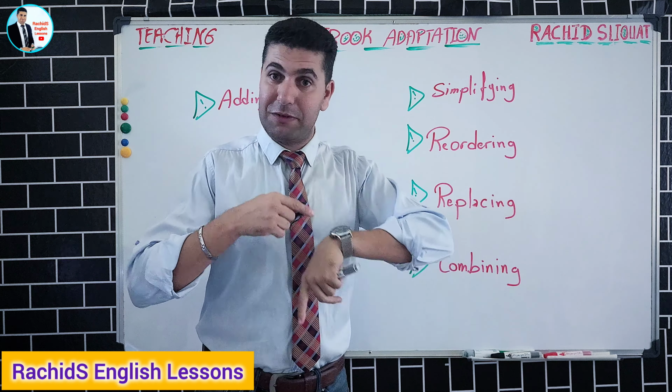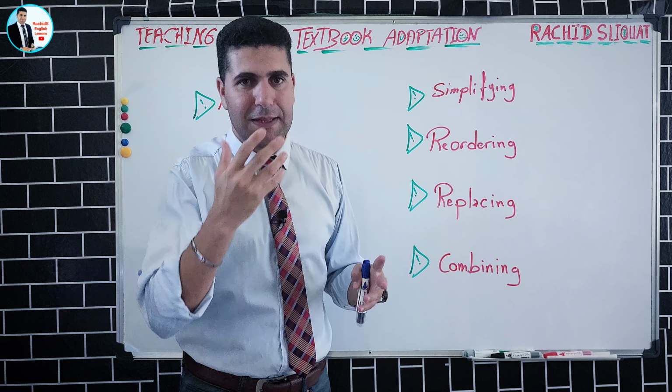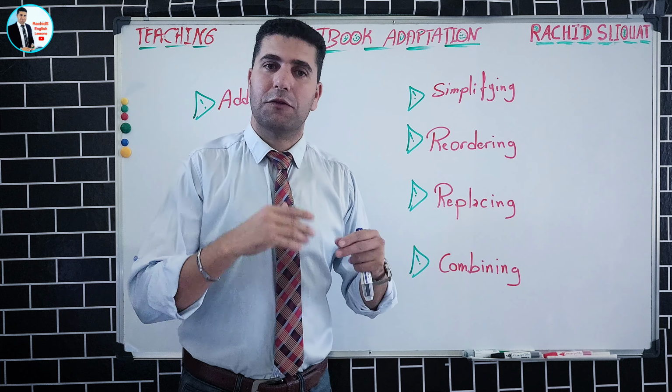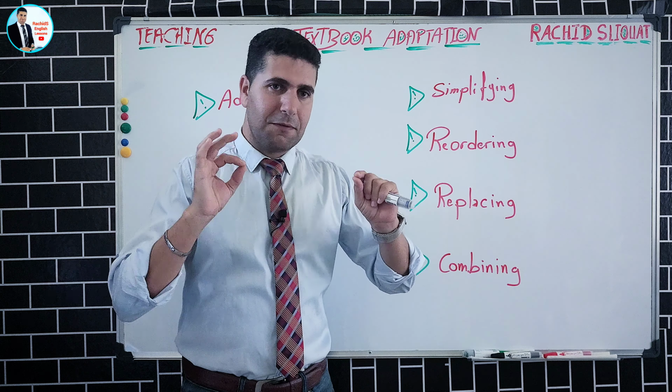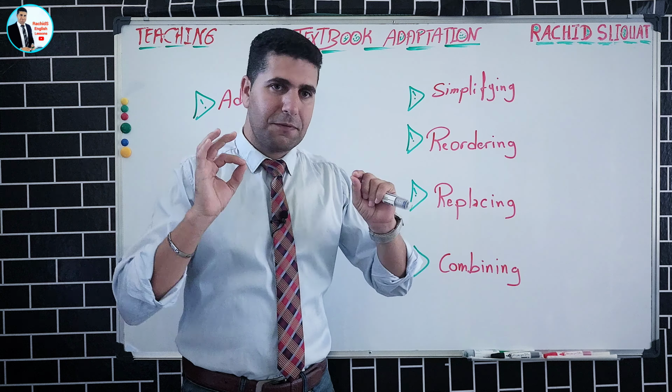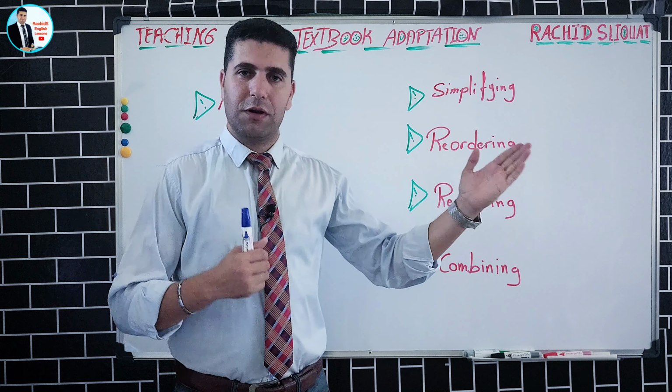For example, if you have only 1 hour and you have a long text, for sure you can shrink the text, or you can bring another text that fits in that 1 hour, that your students can finish in 1 hour. So that's another reason. So we have different reasons why we intend to adapt our textbooks.